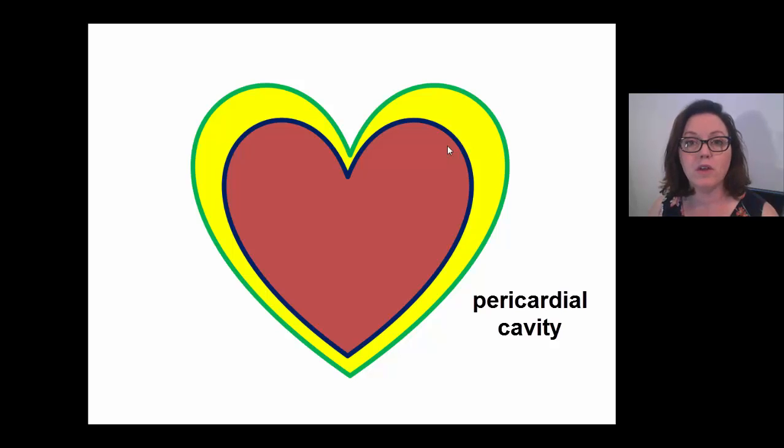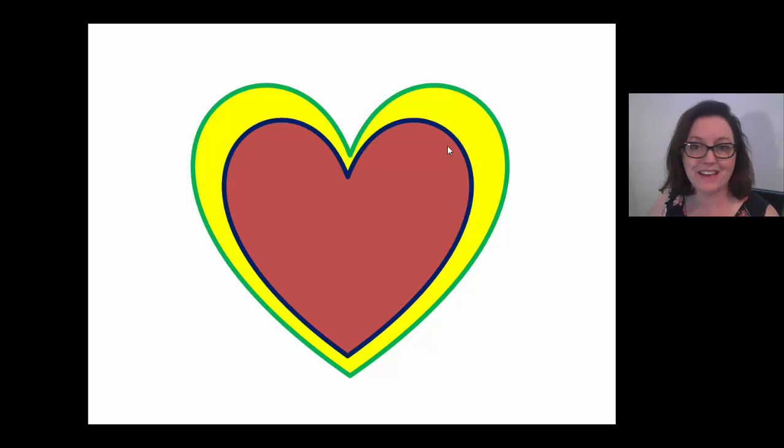The pericardial cavity is filled with a type of serous fluid called pericardial fluid, which is a lubricating fluid. Take a close look at this picture and you'll notice that the heart is not inside the pericardial cavity. The pericardial cavity encloses the heart, it surrounds the heart, but the heart is not in the pericardial cavity.